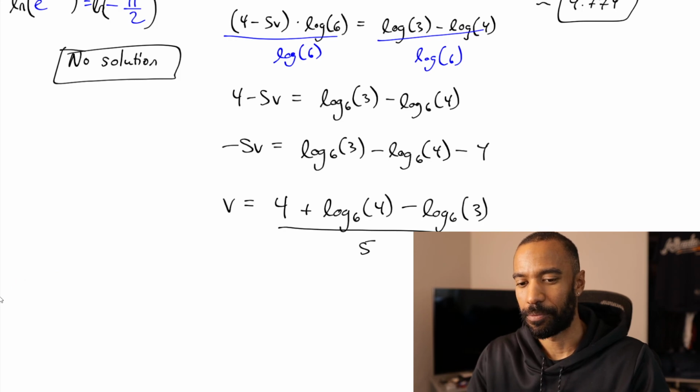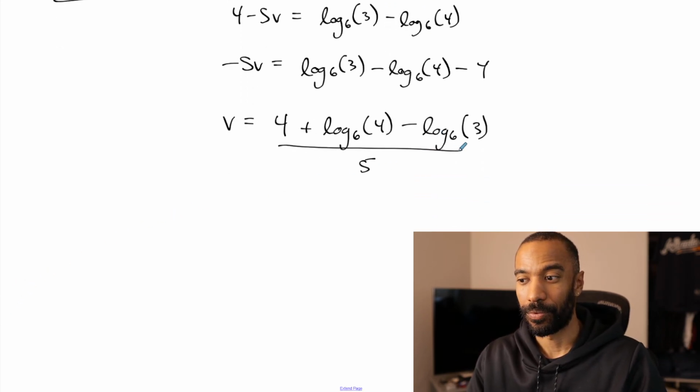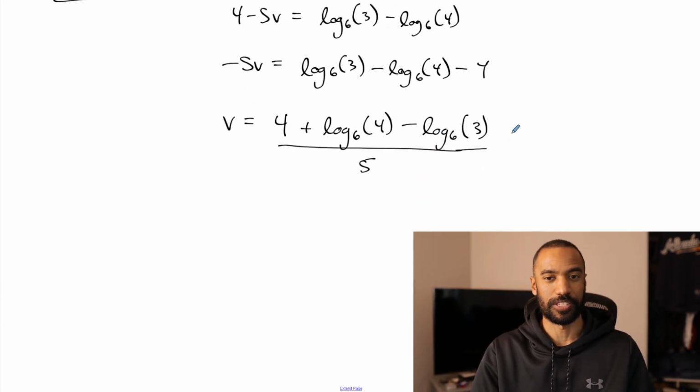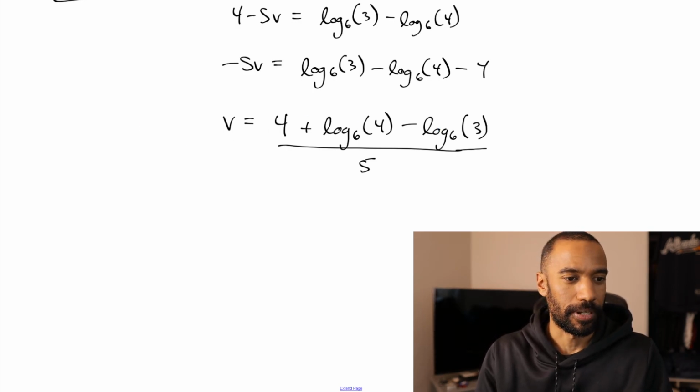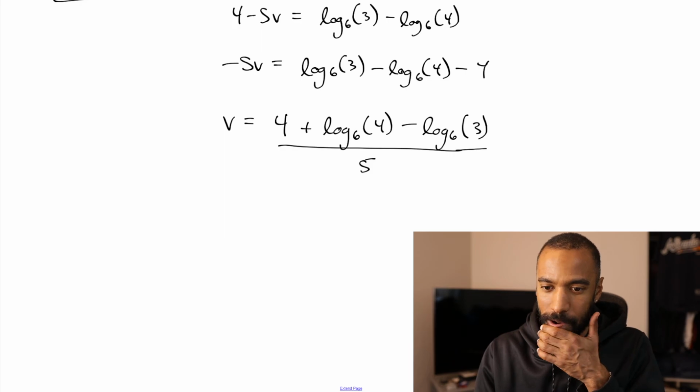Yeah, like Mr. Robinson, I wrote something way different. Well, guess what? If we do it all correctly, we should get the same answer. So let's check it out. Let's go to the calculator where I'm going to type. And I'm going to clear the calculator here. I get 4 plus log base 6 of 4 minus log base 6 of 3.